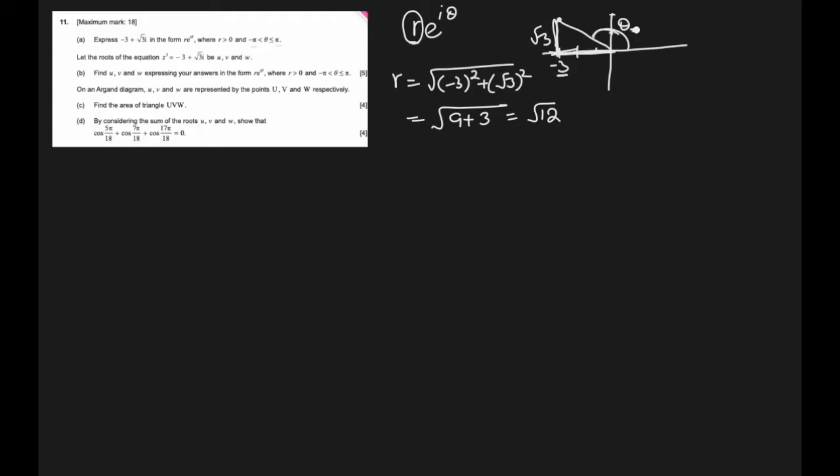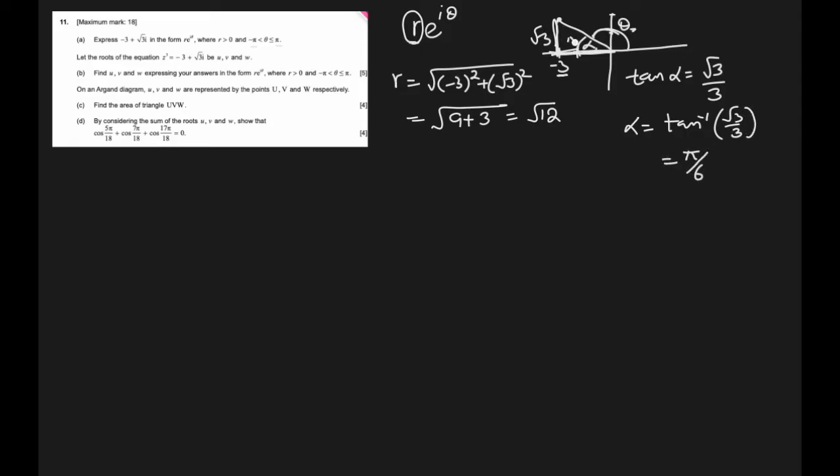To find the argument theta, let's name this alpha. In this triangle, tan alpha will be opposite over adjacent, taking the lengths. So alpha equals tan inverse of square root 3 over 3, which is pi over 6.